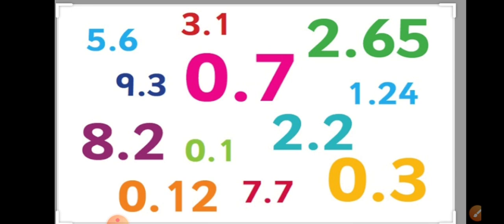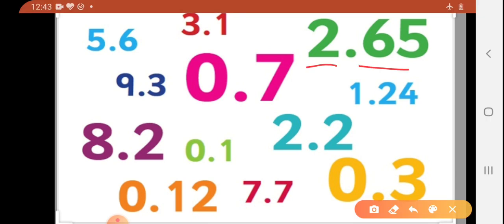The small dot which appears between the two numbers is called the decimal point, and such numbers which have a decimal point are known as decimal numbers. Decimal numbers have two parts.